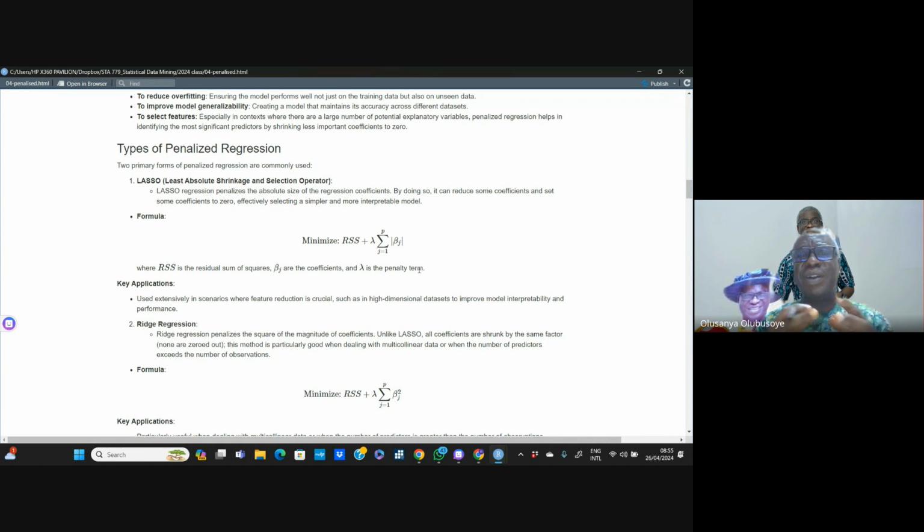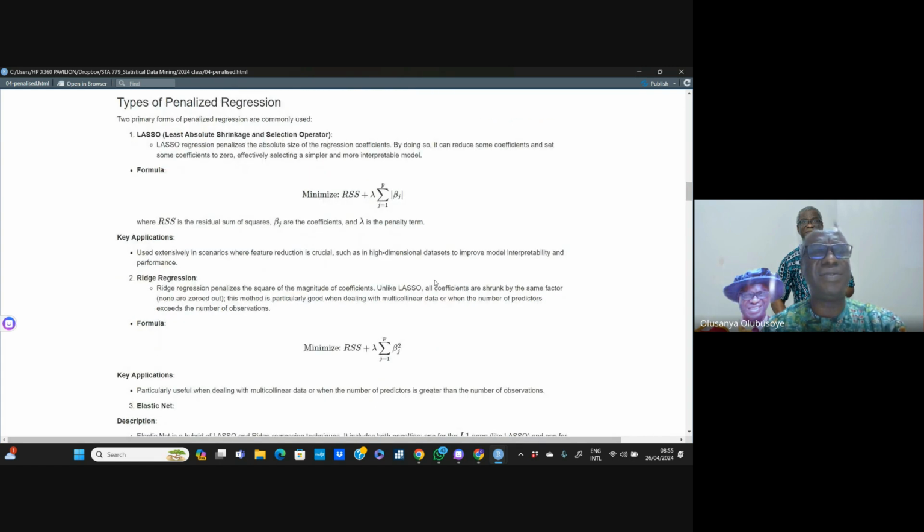If the variables are not very important, the coefficient will be very, very small, or almost 0, so to say.